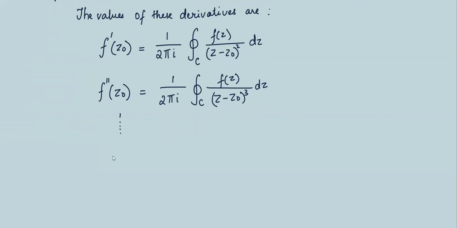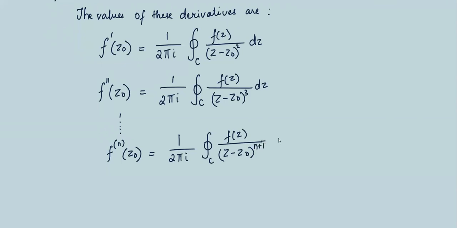Proceeding in this way, we get nth derivative of f is 1 by 2 pi I integral over closed contour f of z upon z minus z naught whole raised to the power n plus 1.